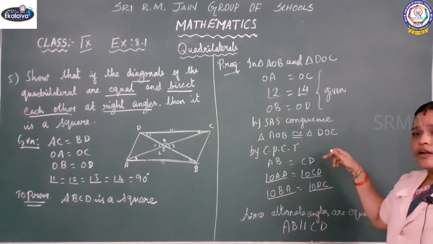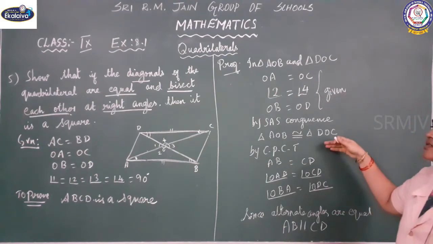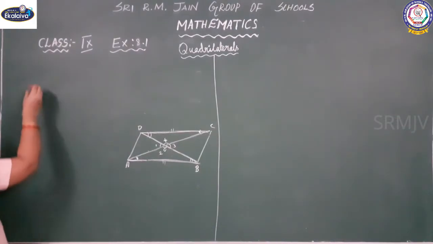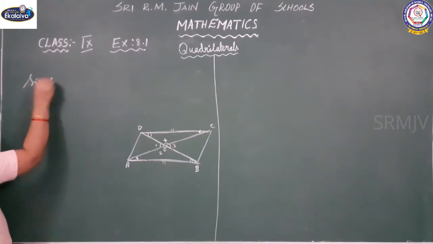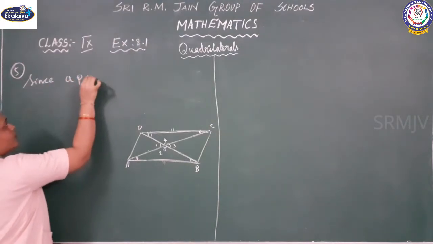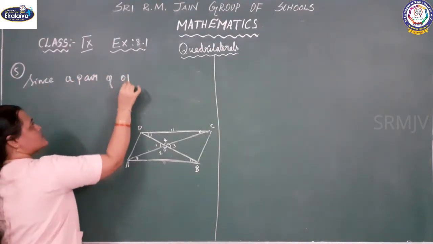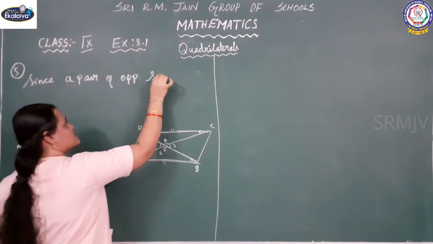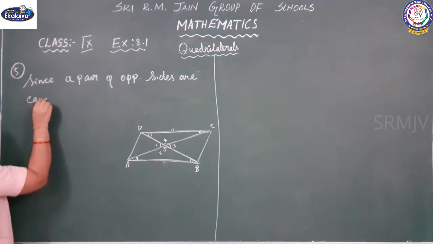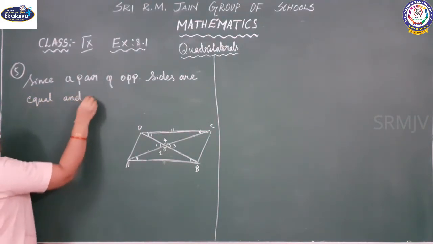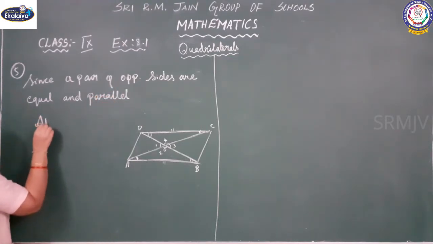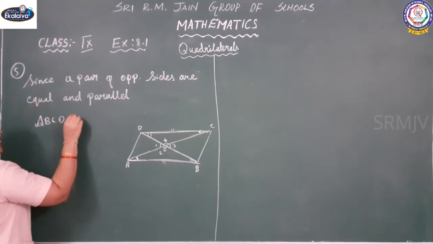So since one pair of sides are equal and parallel, this is a parallelogram. Continuation of fifth question only, since a pair of opposite sides are equal and parallel, ABCD is a parallelogram.